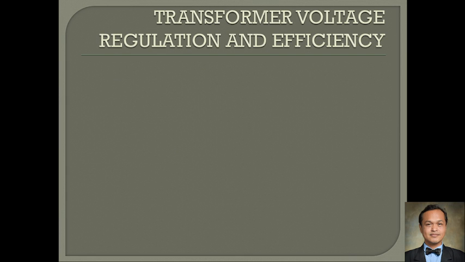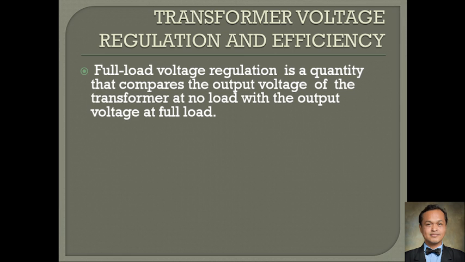Now, what are the voltage regulation and efficiency of a transformer? Just like any other device, voltage regulation, or full load voltage regulation, in a transformer is a quantity that compares the output voltage of the transformer at no load with the output voltage of the transformer at full load.